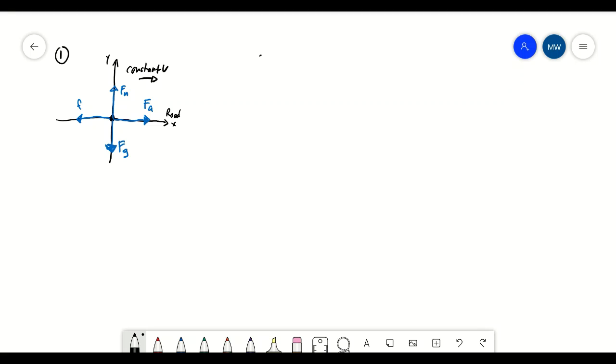Let's take a look at our second problem. The second one is now we have a car that's going down the highway or some street, and it is accelerating. So we've got our X and our Y axis again. X axis is the road, but for this problem we have some acceleration going like this. The car will be right at the origin. So in this case, I'm going to make this exaggerated a little bit.